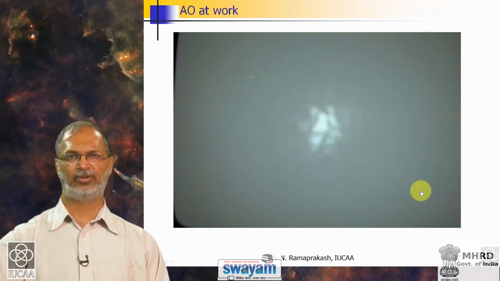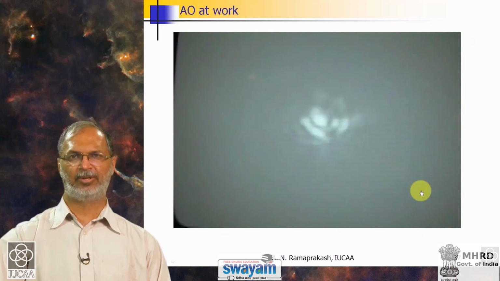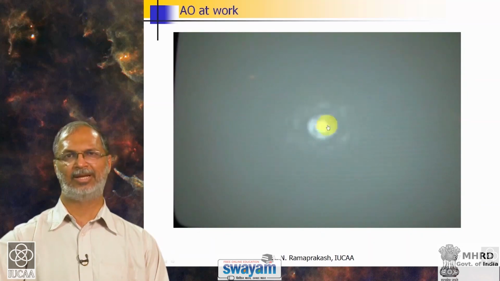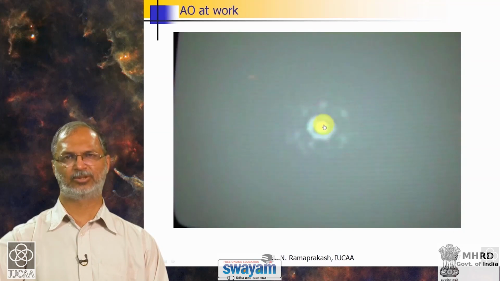So, at the moment the adaptive optic system is not working, but in a moment when the adaptive optic system turns on, you can see that all that light is now concentrated in a nice Airy disk like pattern, which corresponds to the diffraction limit of the telescope.